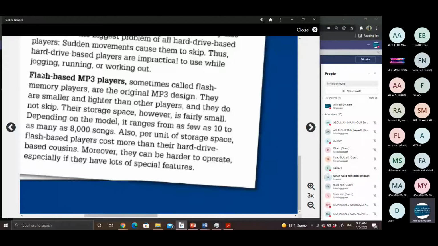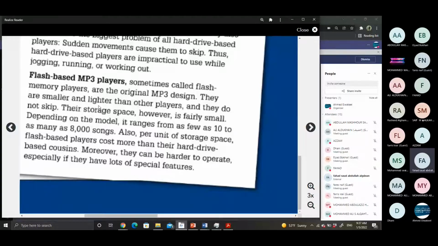The flash-based MP3 player. Flash-based MP3 players, sometimes called flash memory players, are the original MP3 design. They are smaller and lighter than other players, and they do not skip. Their storage space, however, is fairly small, depending on the model.